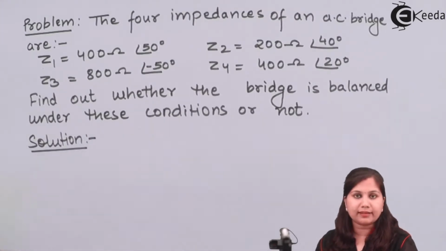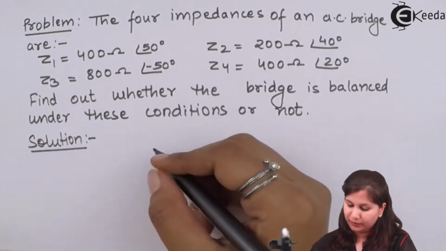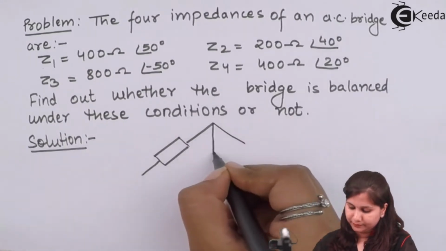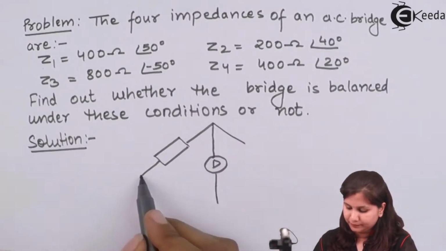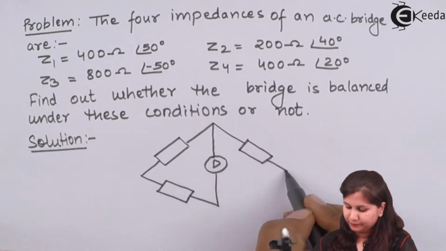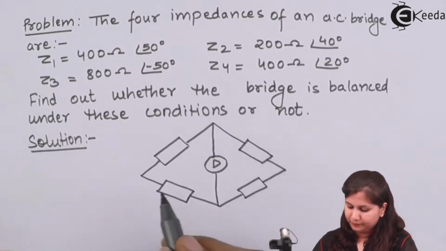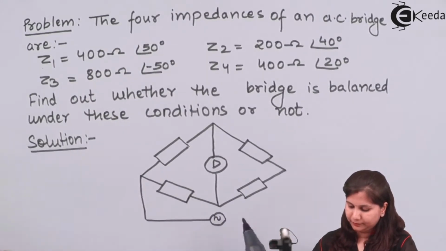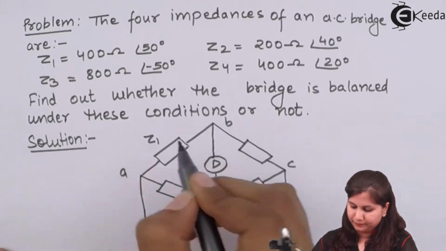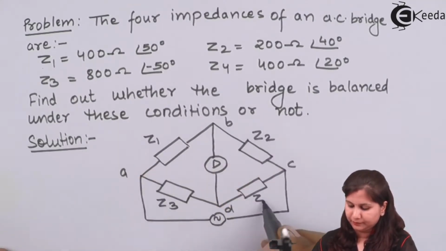If we draw the circuit for an AC bridge, it will be like this.